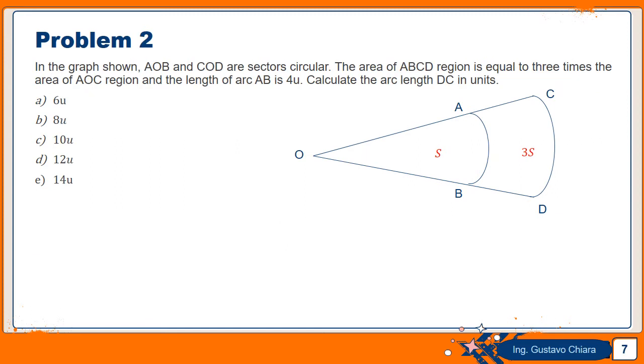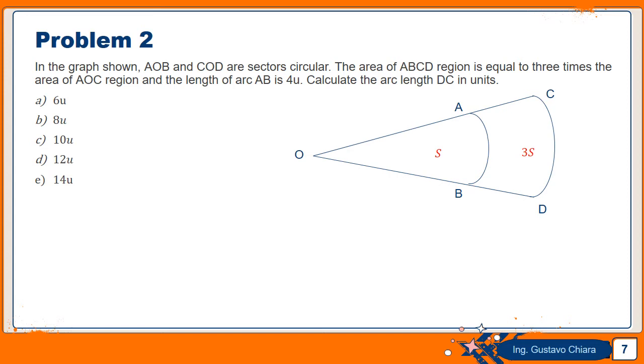Okay, problem number 2. In the graph, AOB and COD are circular sectors, the area of the ABCD region is equal to 3 times the area of this region AOB, and the length of arc AB is 4 units.